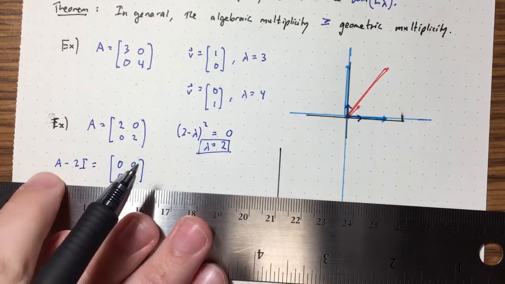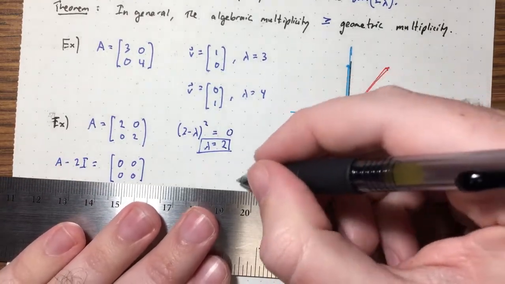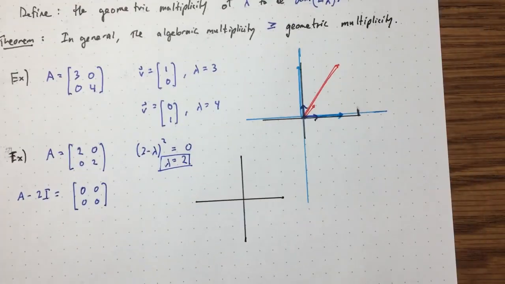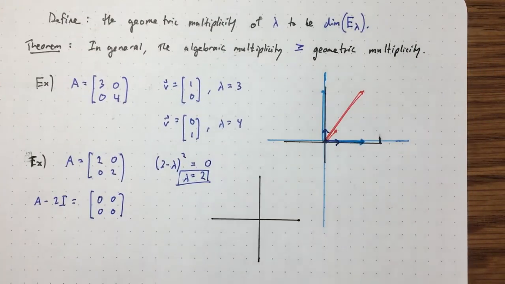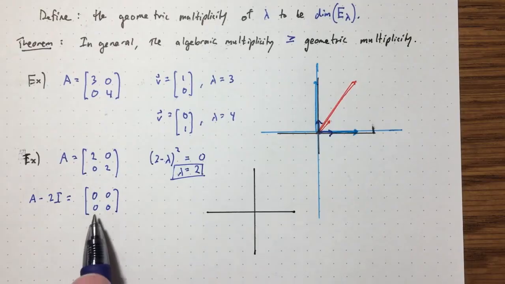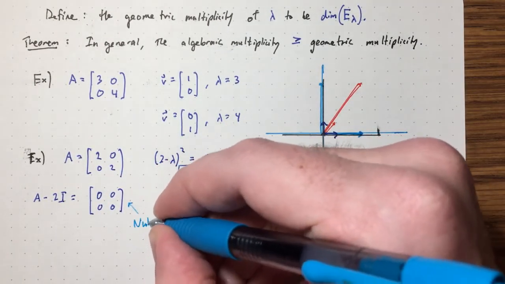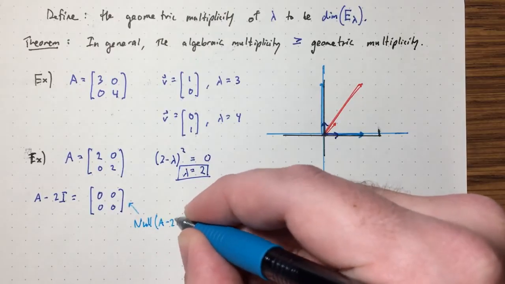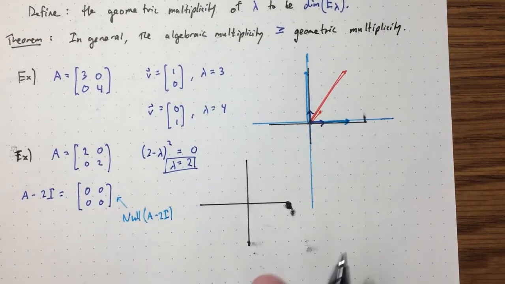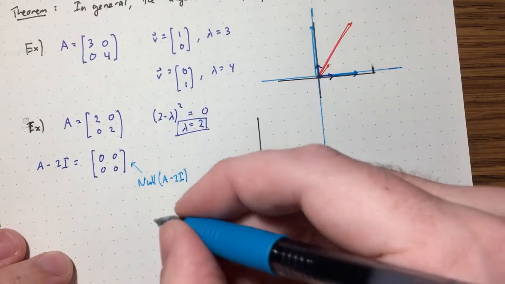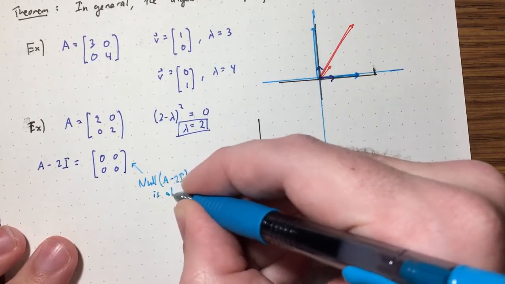The eigenvectors live in the null space of A minus lambda I, for the values of lambda that are solutions to the determinant of A minus lambda I equals 0. The null space is everything, because everything gets sent to 0. Another way of saying it is any linear combination of columns equals 0 is all of R2.